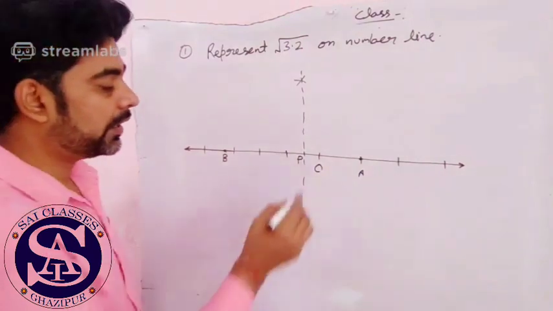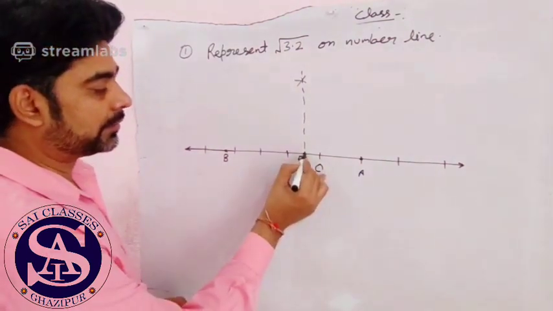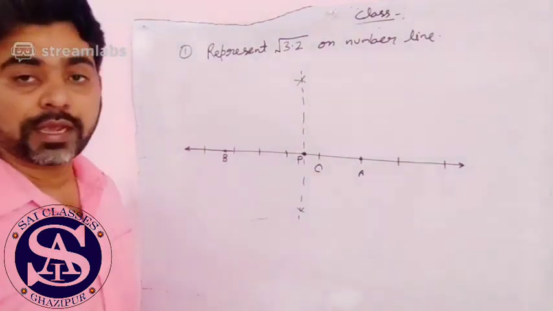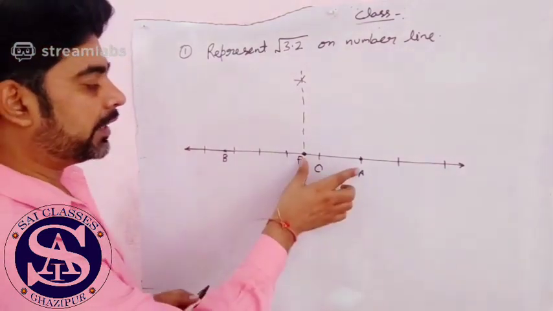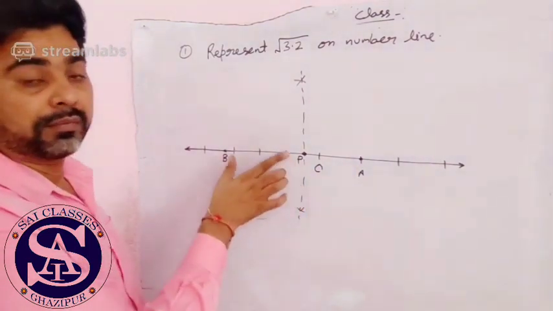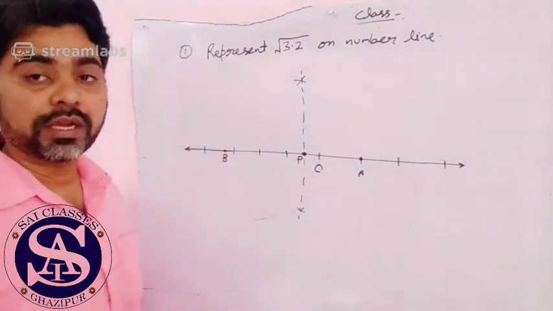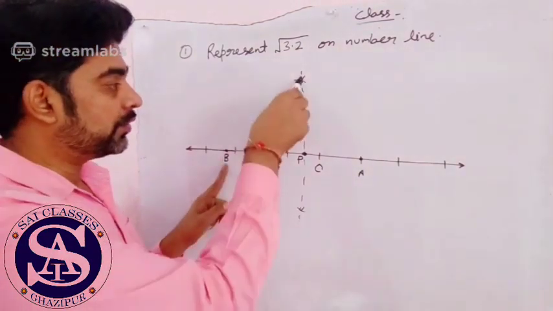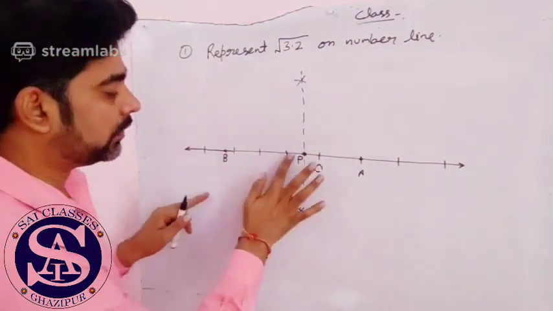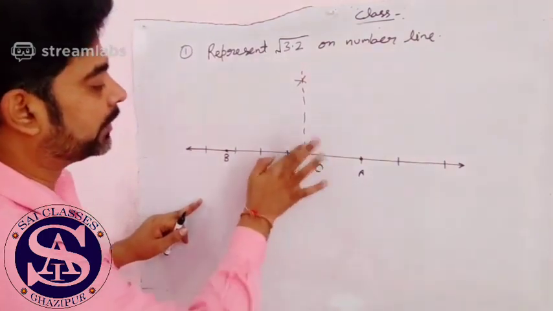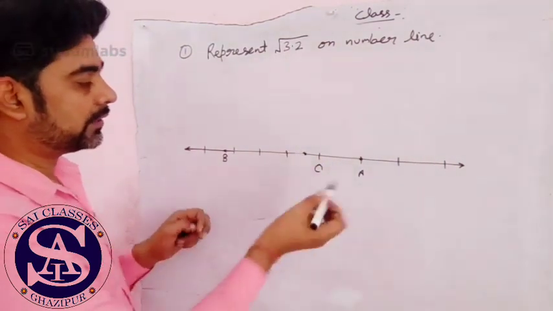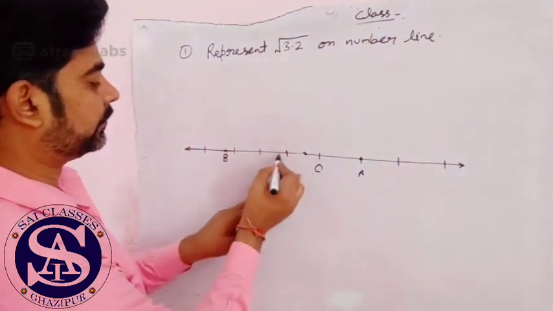Right? Now taking P as the center, and PA or PB as radius. PA and PB both are equal because we have drawn a perpendicular bisector.